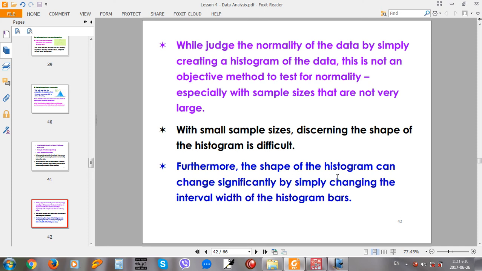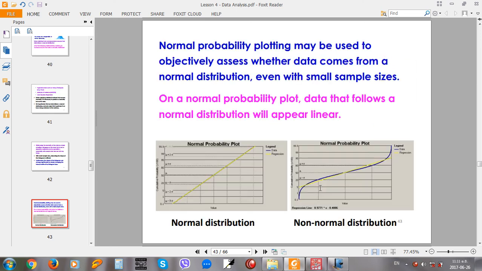Furthermore, the shape of the histogram can change significantly by simply changing the interval width of the histogram bars, right?